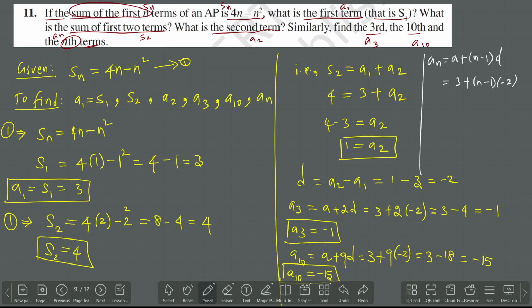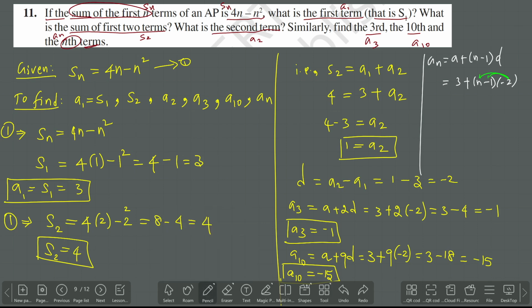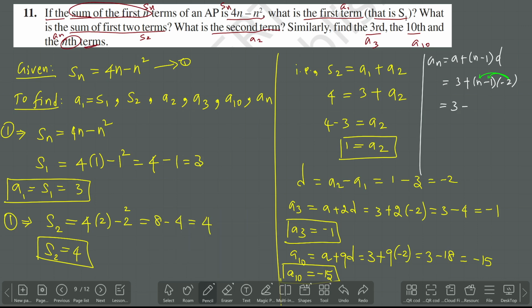Multiply minus 2 inside: minus 2 into n, minus 2 into minus 1. So I am getting 3 minus 2n plus 2. So 2 plus 3, 5 minus 2n equals An. That's it. We got all those.